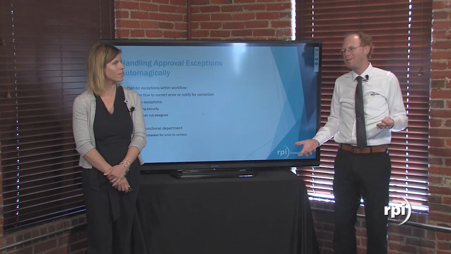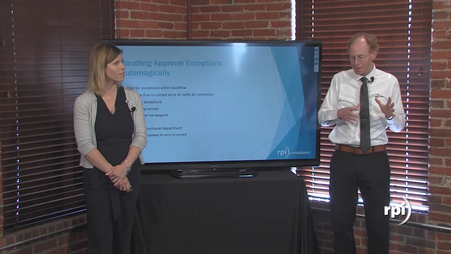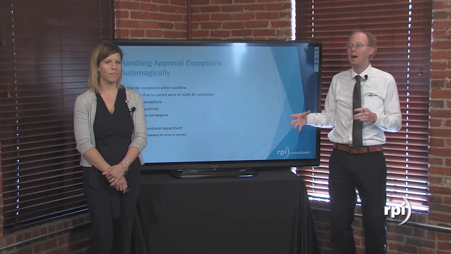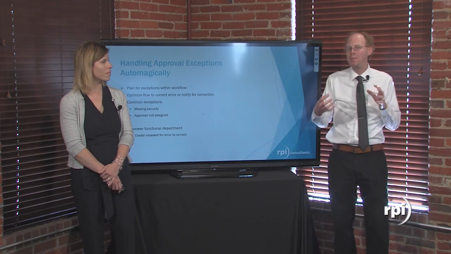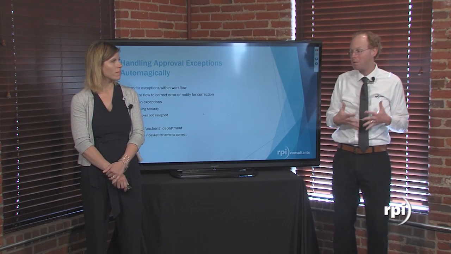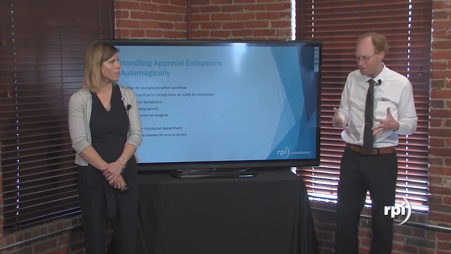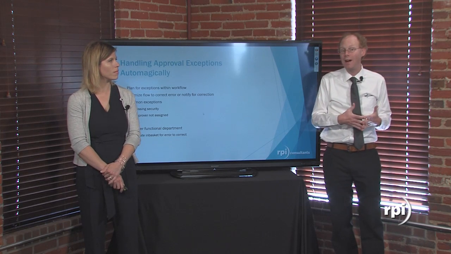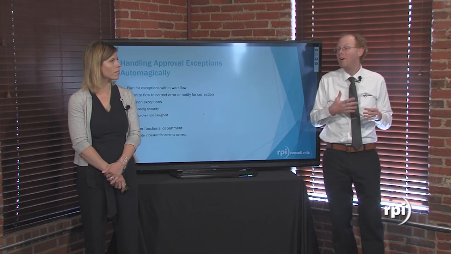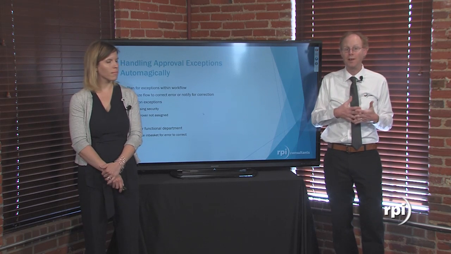So what we like to do is take some of those more common problems and figure out how we can build that logic right within the requisition approval flow to anticipate those issues and maybe even correct them on the fly, so they never become issues at all.